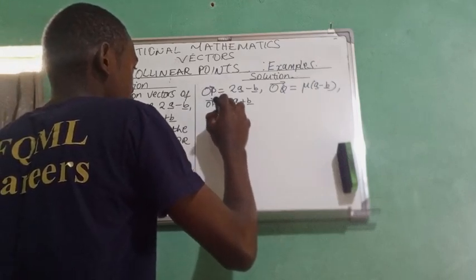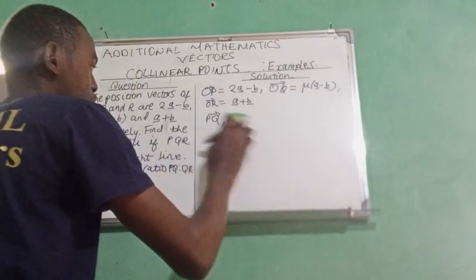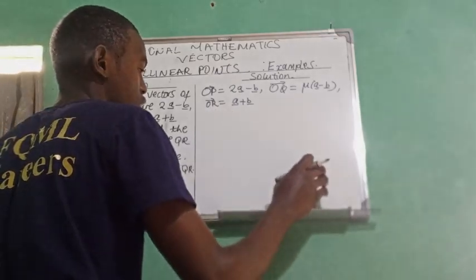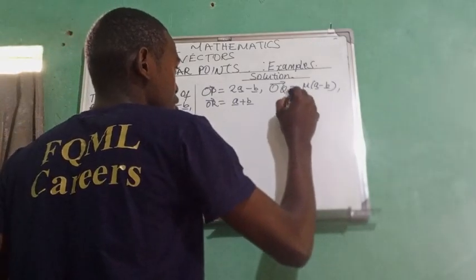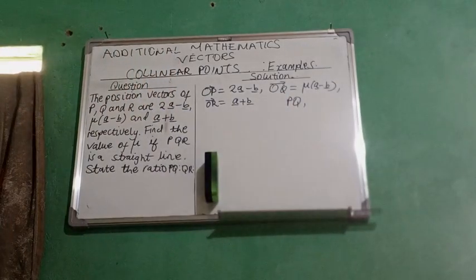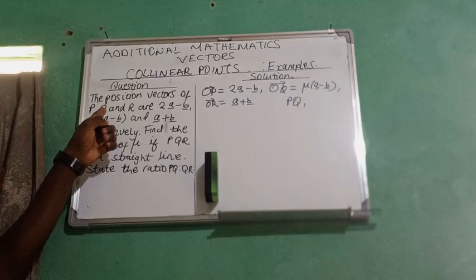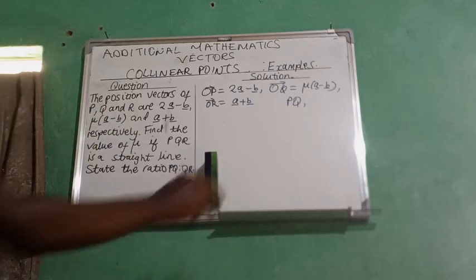Another vector can be QR. Just like the ratio here, it is PQ to QR.